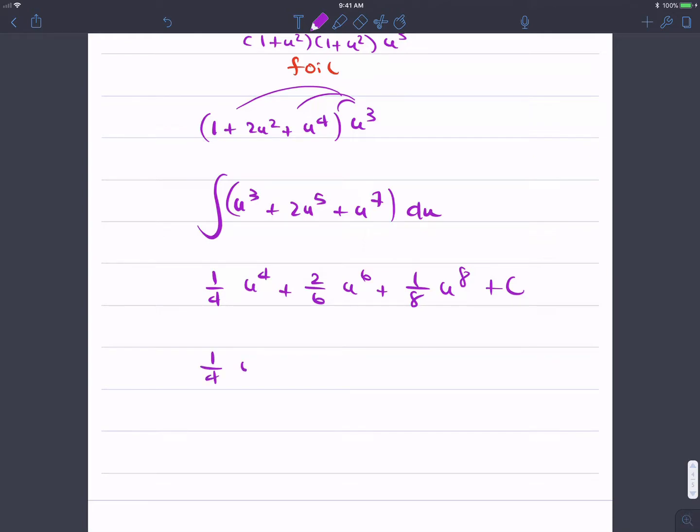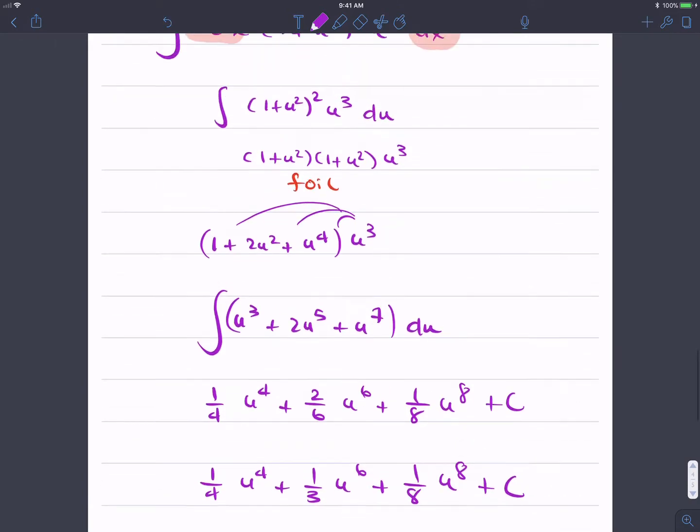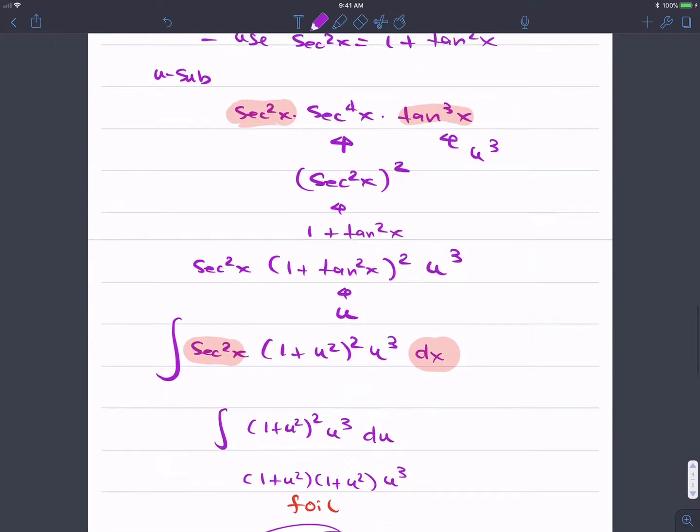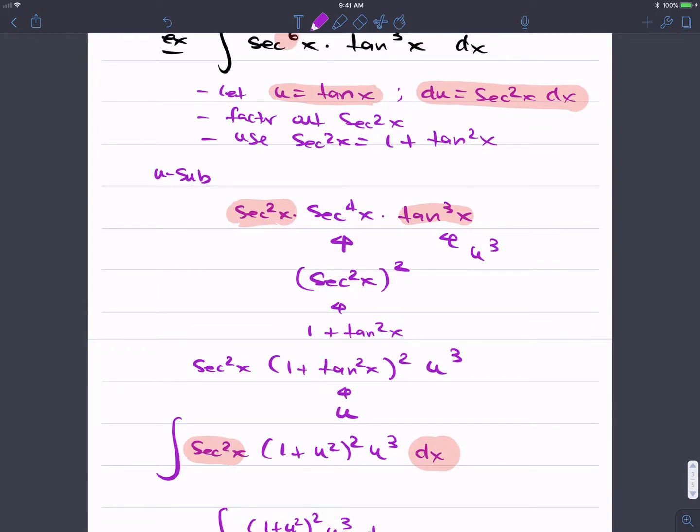So I get 1/4 u to the fourth plus 1/3 u to the sixth plus 1/8 u to the eighth plus c. Now u again, remember, is tangent.